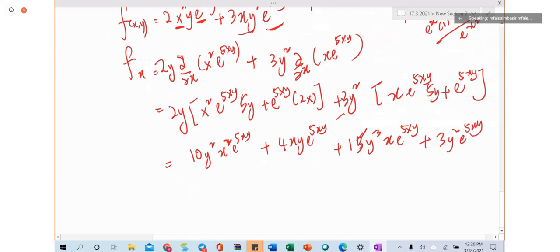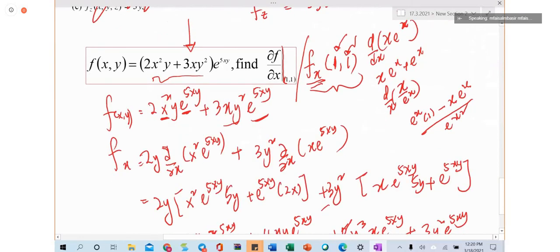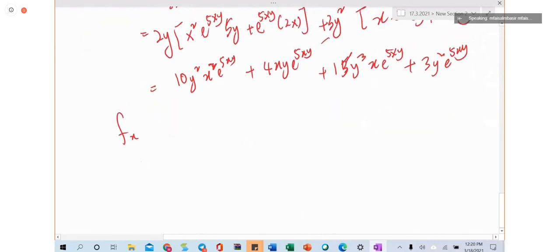Okay, I want to simplify because my intention is to find it at (1, 1), right? So x = 1, y = 1.